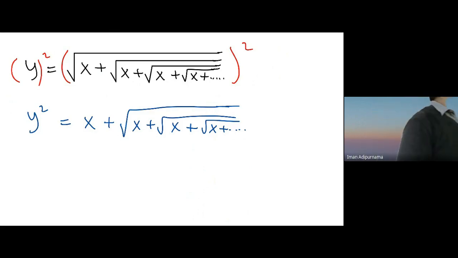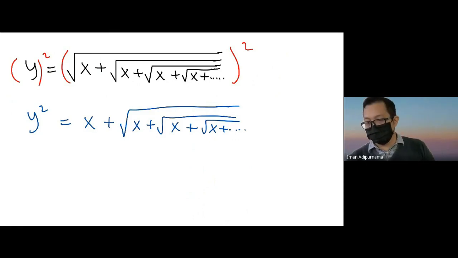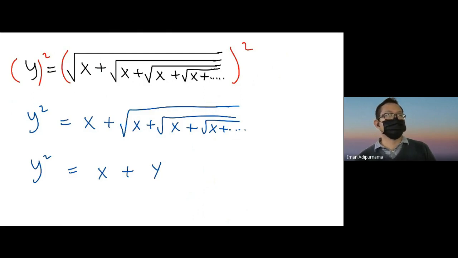And in math, if you see these terms going to infinity, the expression is square root of x plus square root of x plus square root of x, going to have plus, plus, plus, more and more, unbounded. If you square this, you get x plus the same thing here. It's unbounded also. So I can write this as y squared equals x plus y. Correct?